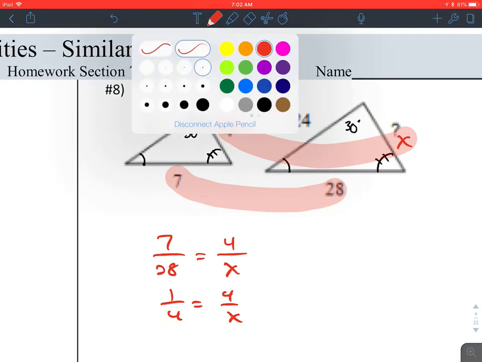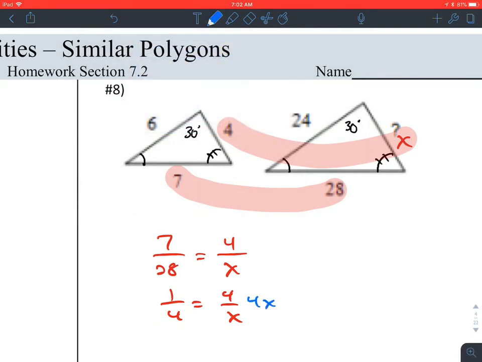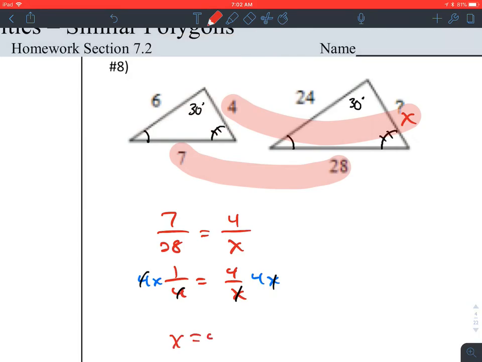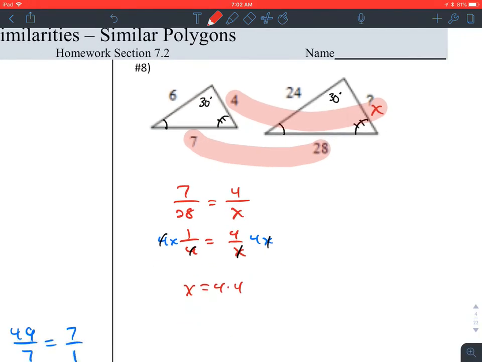We're going to multiply both sides by 4 and x. On the left, multiplying and dividing by 4 gives you 1. On the right, multiplying and dividing by x gives you 1. So we end up with x equals 4 times 4, which is 16.